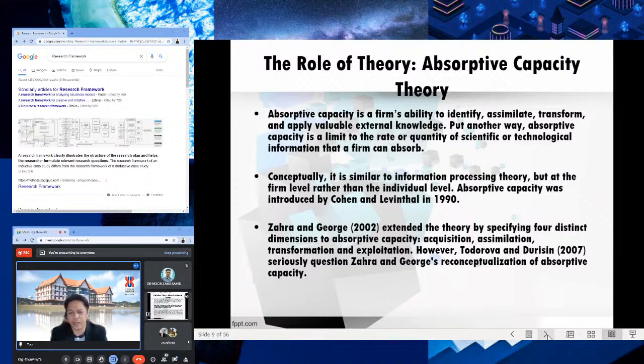Sometimes when we conceptualize all these theories or frameworks, we need a reconceptualization of absorptive capacity, because we need to understand what the related theories are that can be the fundamental component for our research framework.